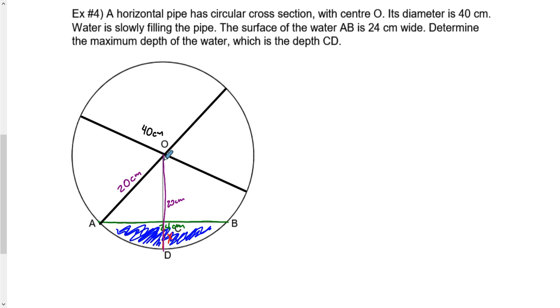So if we've drawn this line properly, we have made a 90-degree angle here. So this entire side is 20. We know really two things in here. We have a right angle triangle. Sorry, we actually know more than two things.